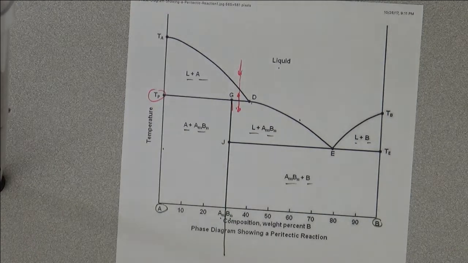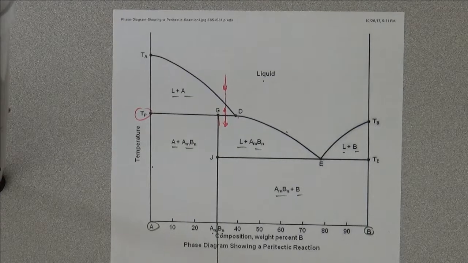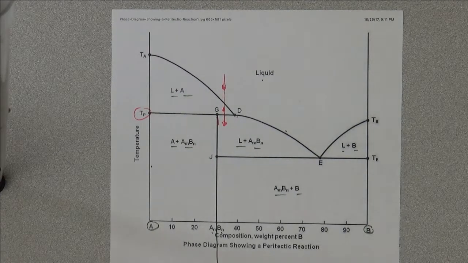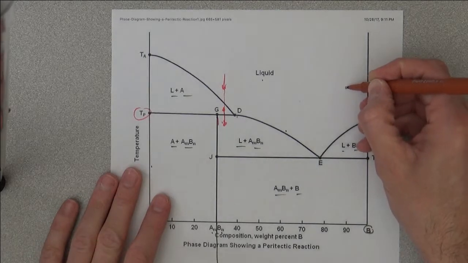And I think that's something which is pretty neat and is not at all uncommon to find in phase diagrams. So this is something that you should become comfortable with. And again, when it's just a matter of reading a phase diagram, you're still doing the same thing.